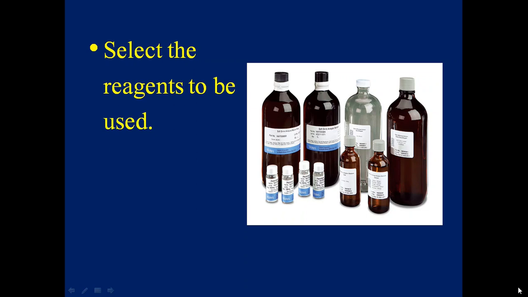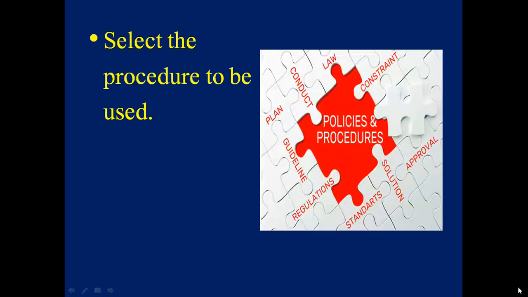So don't get confused as far as chemicals are concerned, because chemicals have a very high impact or effect on the shirts or trousers or on the linen. So be careful in the selection of chemicals and solvents. Then select the procedure to be used.